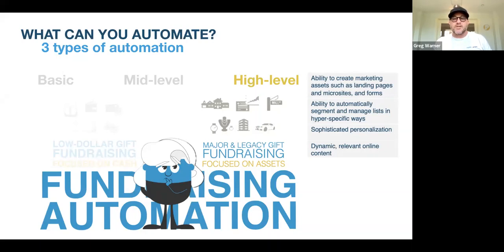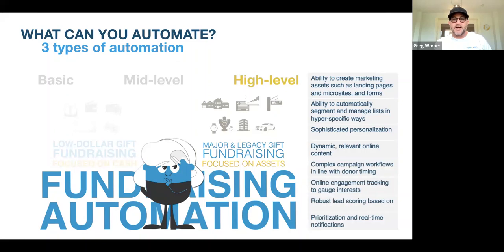You can use them for much greater personalization and relevance, even with dynamic, relevant content. In other words, maybe your emails are, first of all, personalized and highly relevant for each individual, but then even the pages that they see when they click can be unbelievably customized just for that person. You can create super complex workflows in line with donor timing.